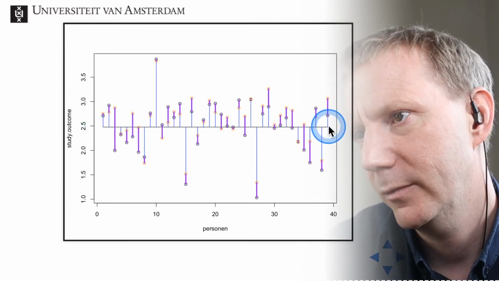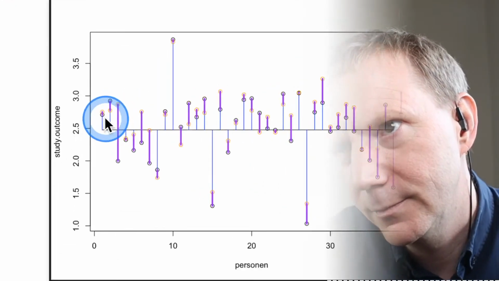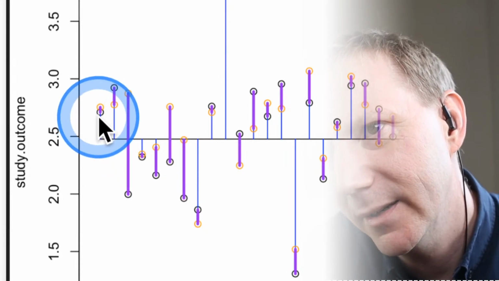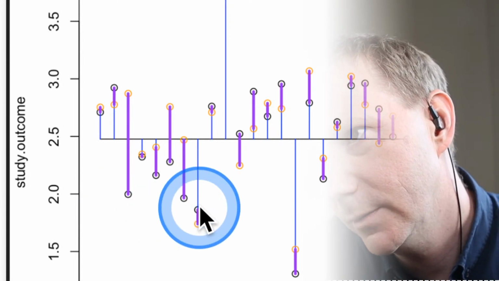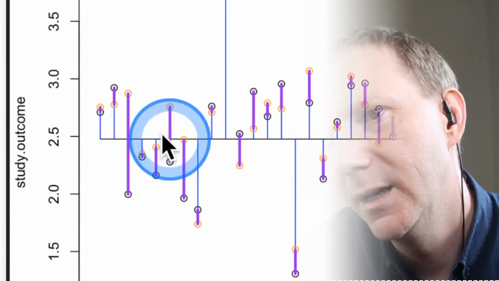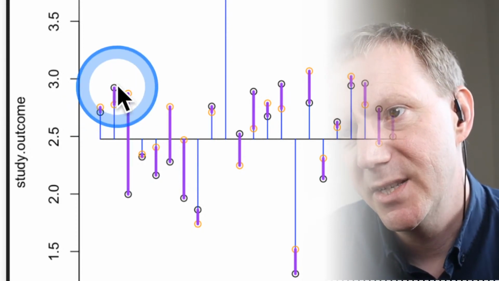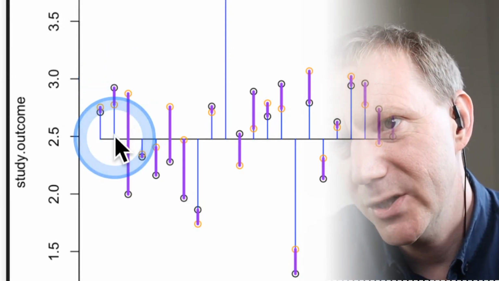That's the average. And I plotted all the data points in black. So the black ones are the data points, here and here. So the total amount of variance that there is to explain is the distance between the data points, the actual scores of the study outcome, and the average.